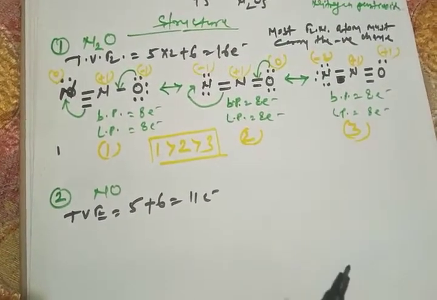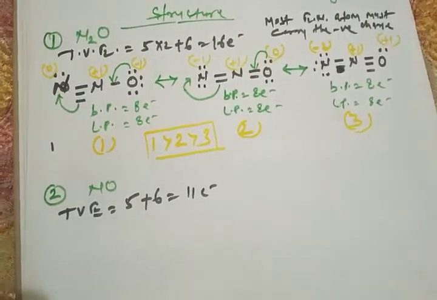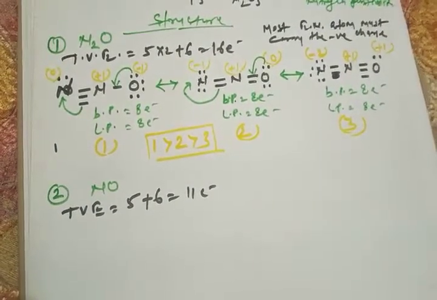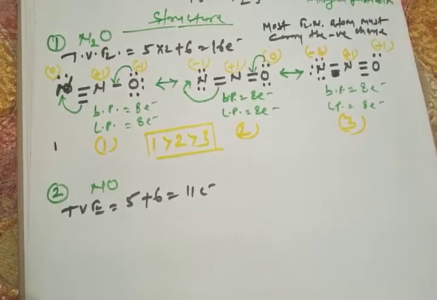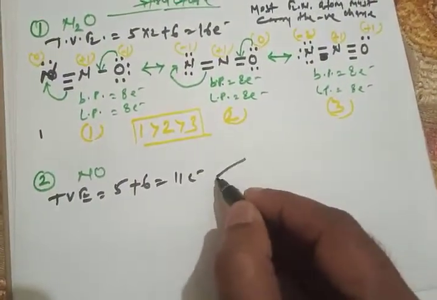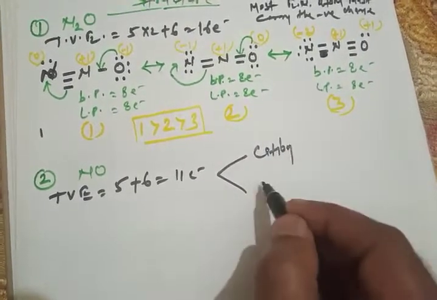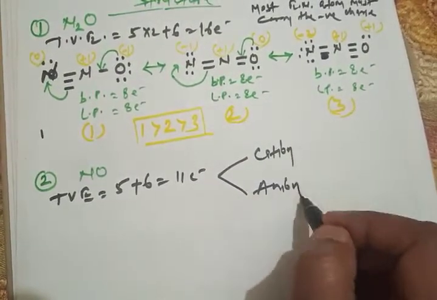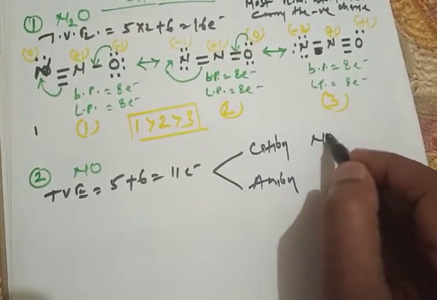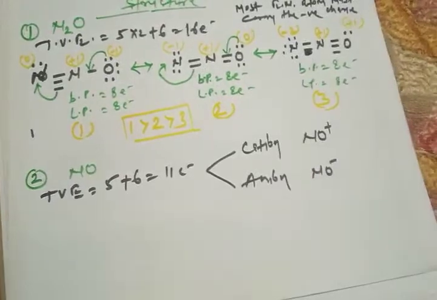In this case NO is available in two ionic forms, the cation and the anion. The cation is NO plus and the anion is NO minus.